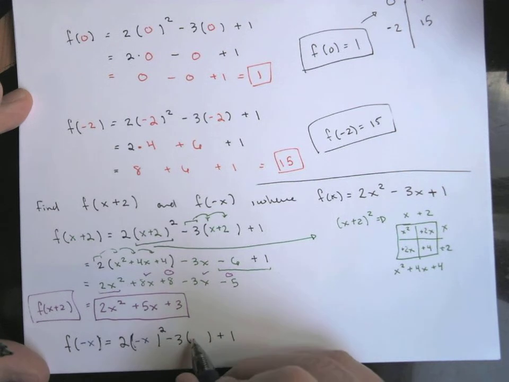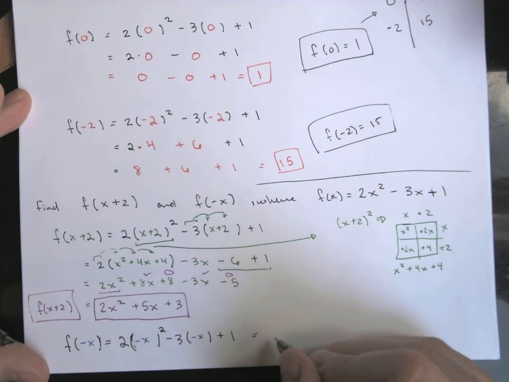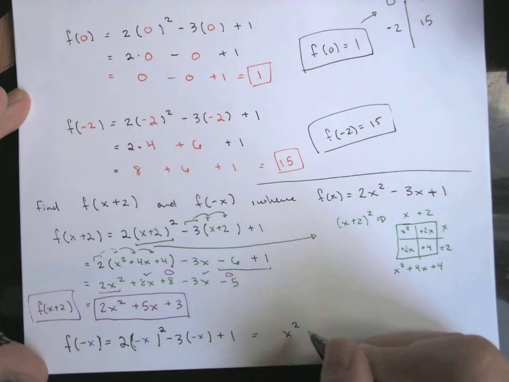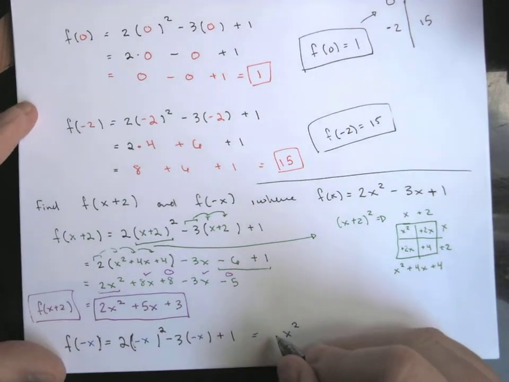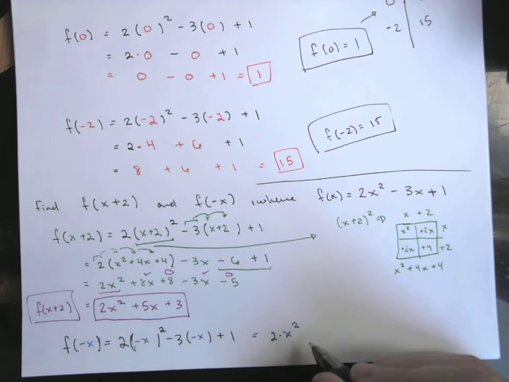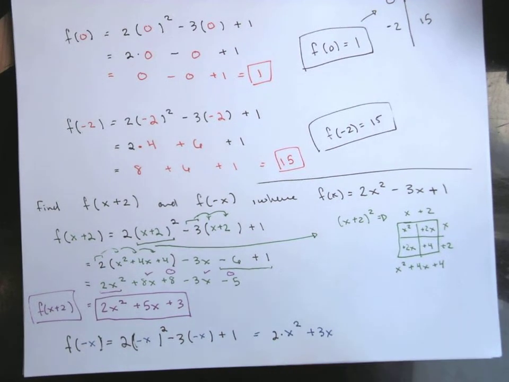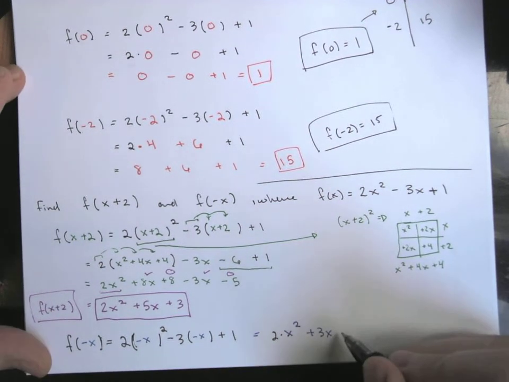Sub it in, negative x here. So 2 times negative x squared, negative times negative is going to be a positive x squared times the 2. Negative 3 times negative x is going to be plus 3x. And then we've got plus 1.